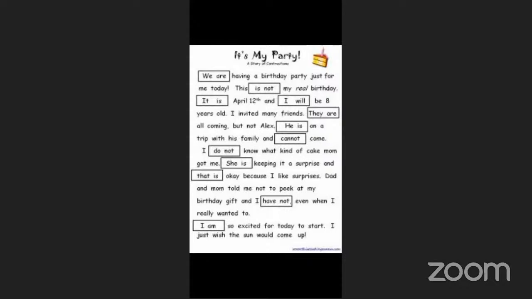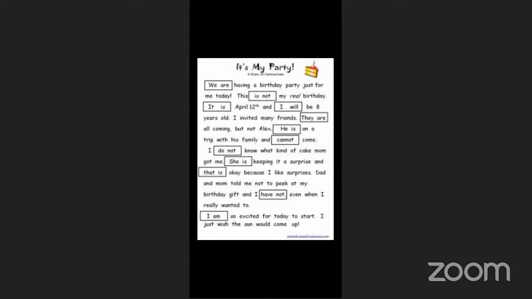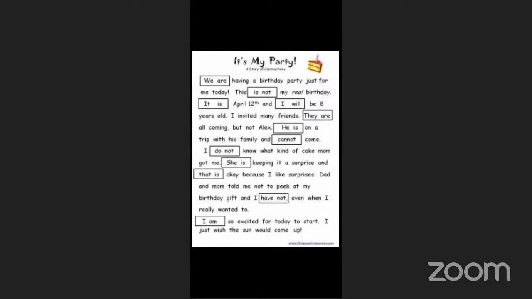Write the full form and its contraction. You can write it as a list.